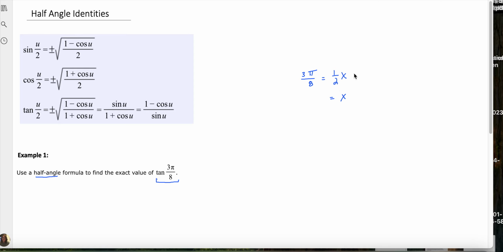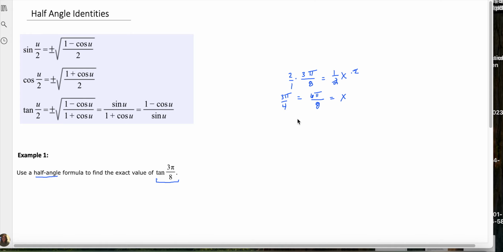If I'm going to get x by itself, I'm going to multiply both sides by 2, or you could think of that as 2 over 1. So this would be 6 pi over 8.